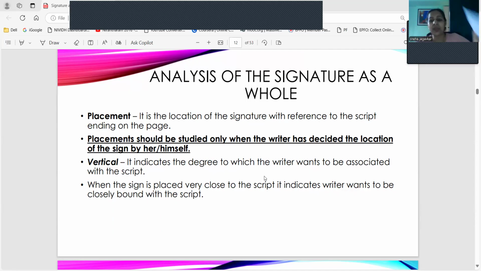So for example, is the signature which I have done over here very near to the script, a little away from the script, or far away from the script? That is what I mean by vertical placement. It shows with what degree the person wants to be associated with the content written over here. And when the sign is placed very close to the script, it indicates that the person wants to be closely bound with the script.